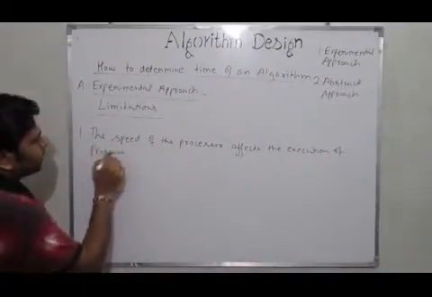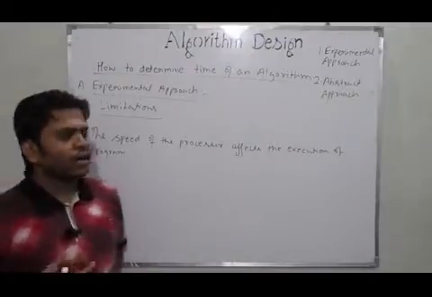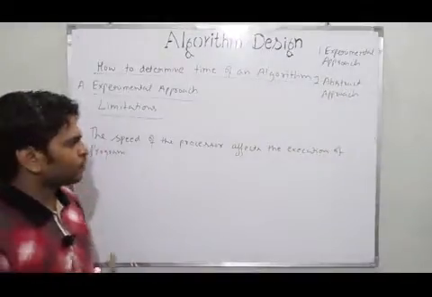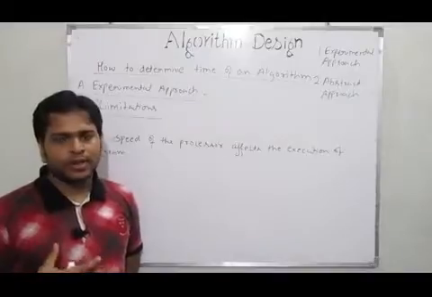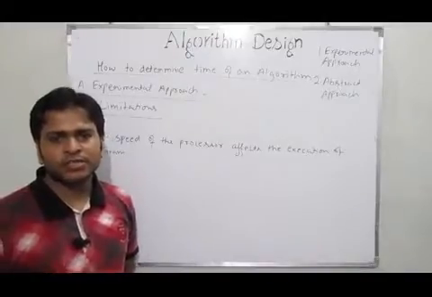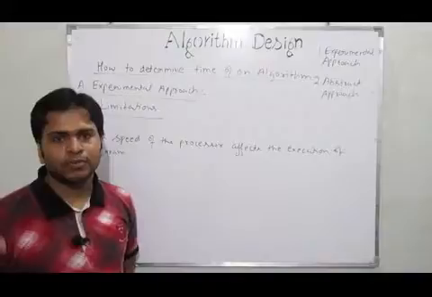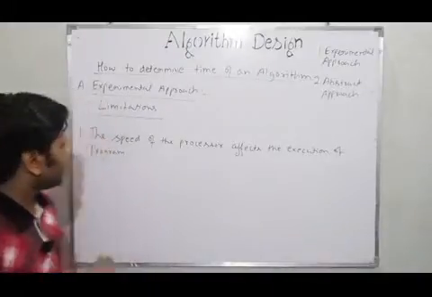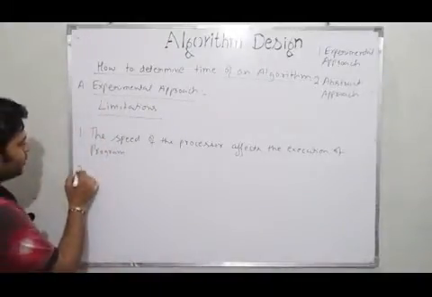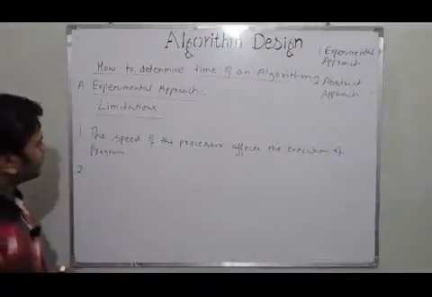So we can understand that how so good algorithm we can design, if the processor is not good, it wouldn't do the justice with the running time of the program. So this is the first limitation in the experimental approach.